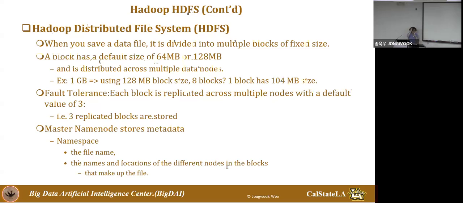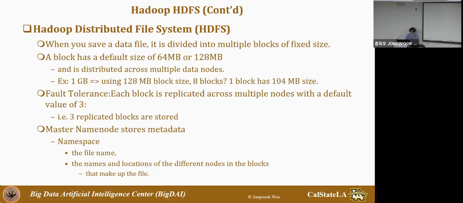You may use a table to say, what's the file name? Maybe file 1. What are the blocks? Block 1, 2, 3, 4, 5. What is the location, the server that keeps each block? I can say block 1 is in node 1, block 2 is in node 2, something like that. That's the metadata. It's like a namespace.